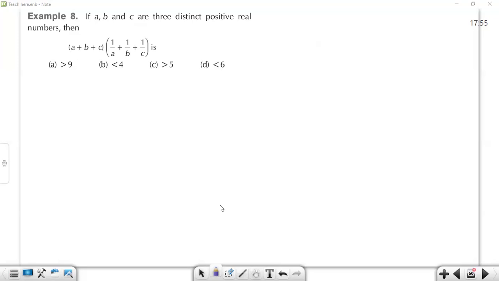So let's now discuss this inequality question example. If A, B, C are three distinct positive real numbers, so they are positive, real, and distinct, we have to find out about its inequality. So A plus B plus C, and let's understand that the arithmetic mean of all these three will be A plus B plus C by 3.